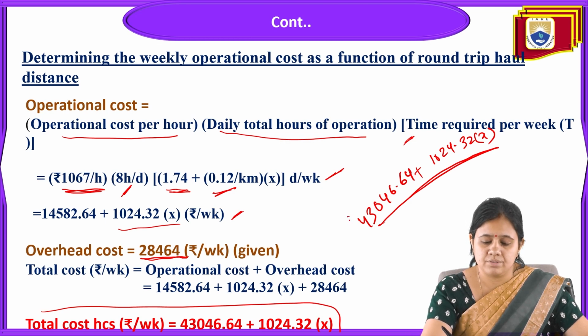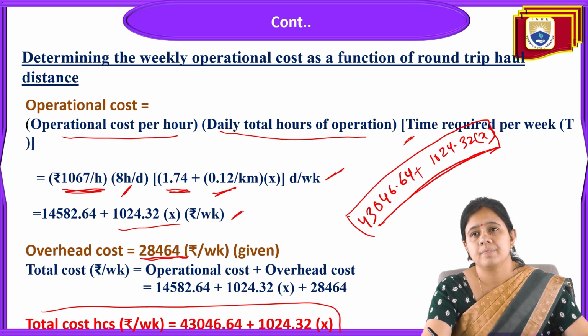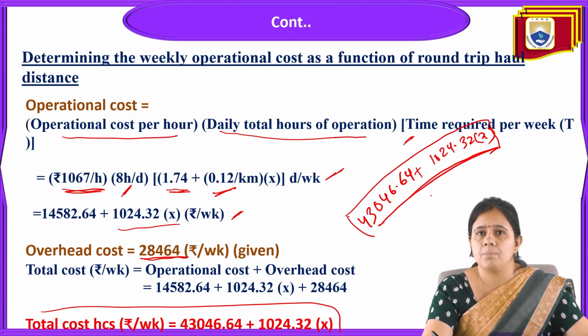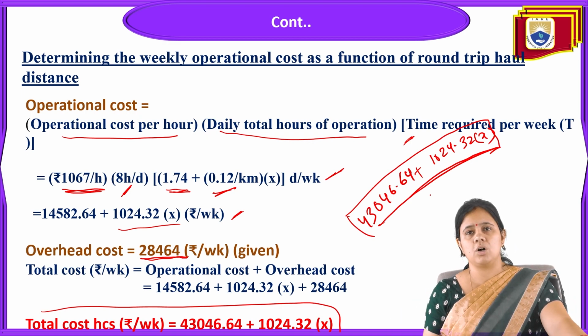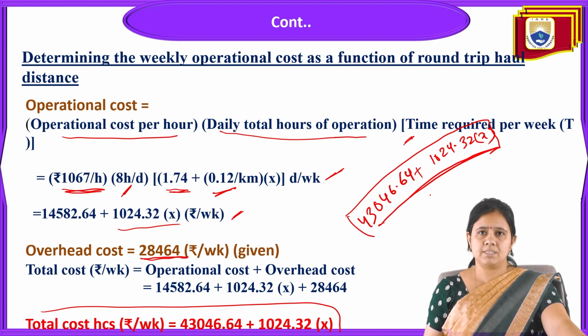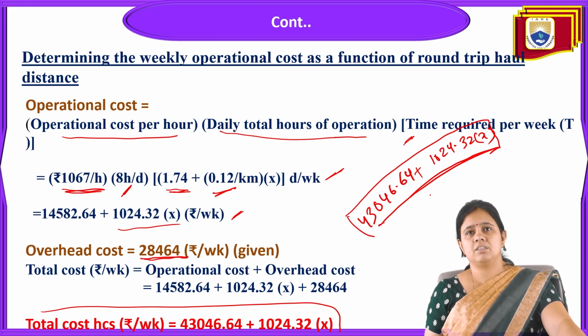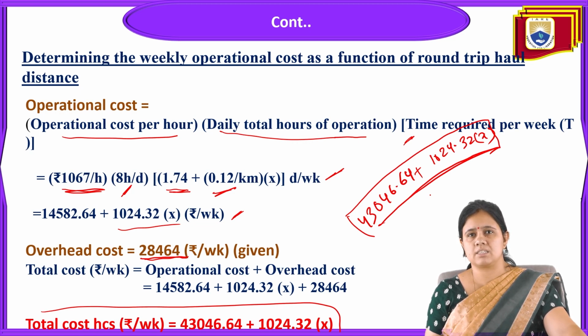We calculated the operational cost with the formula: operational cost per hour into daily total hours of operation, time required per week. For both operations the time is 8 hours in a day, and this 1,000 rupees is for the container system, and stationary mode is I think 1,200, so it is a little bit higher than this one.